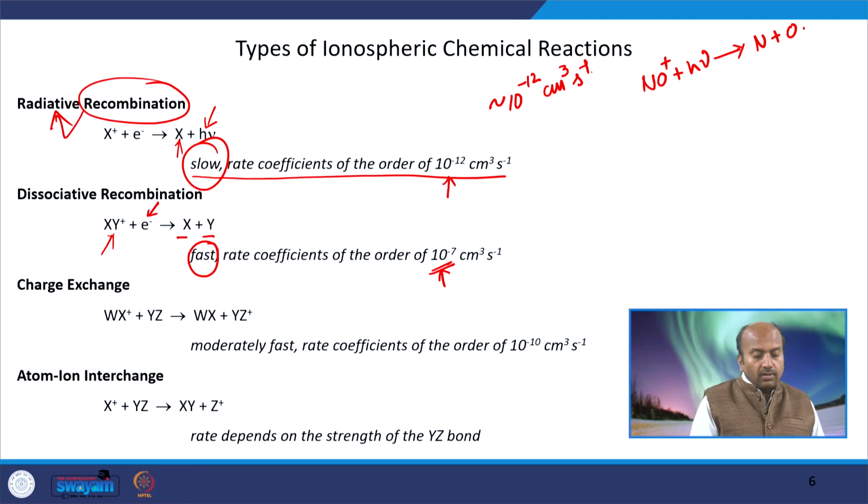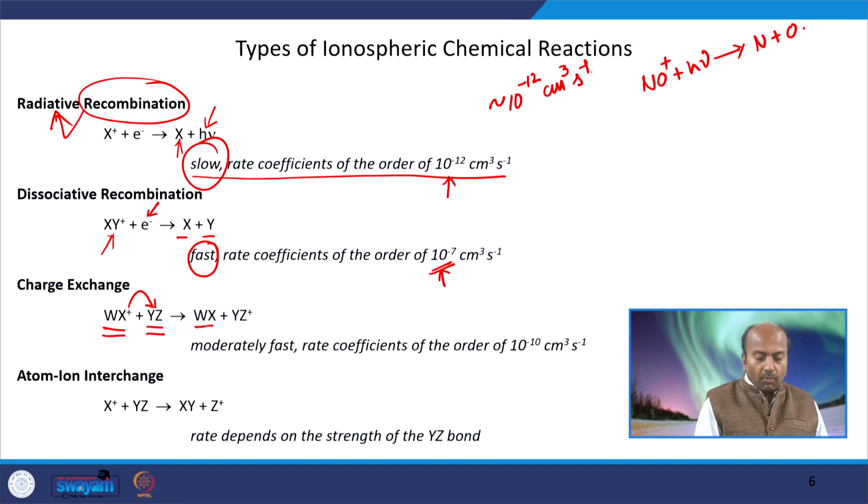Charge exchange, this is a different type of reaction. In charge exchange, there is no total loss of charge state. Rather, charge is being exchanged from one molecule to another molecule. WX plus is the original positive ion. It comes in contact with another molecule YZ, and this charge gets transferred to the other molecule.